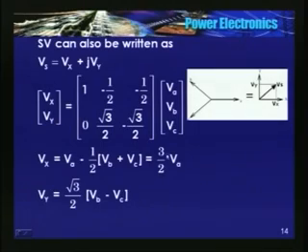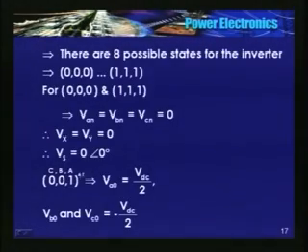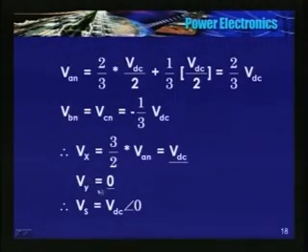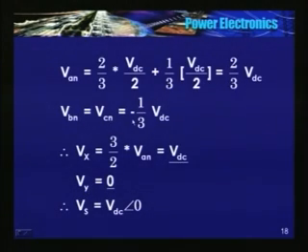Vx is 3/2 times Va and Vy is square root of 3/2 times Vb minus Vc. So what is the y-axis component? VBN and VCN are the same, minus 1/3 Vdc, therefore Vy you will get as 0.